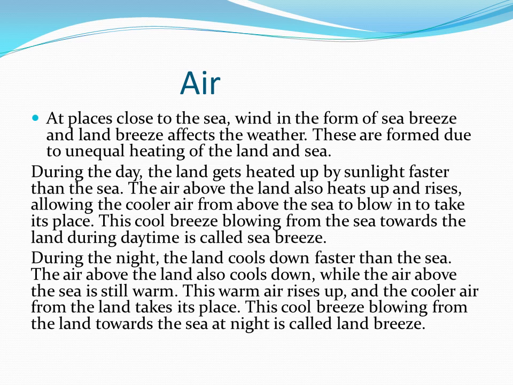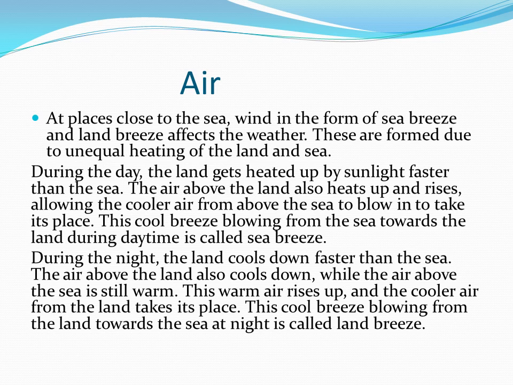What will happen? On that beach, we will have chill air, right? And the land breeze, it affects the weather. They are formed due to the unequal heating of land and sea. Okay? First we will see what is meant by the term sea breeze.